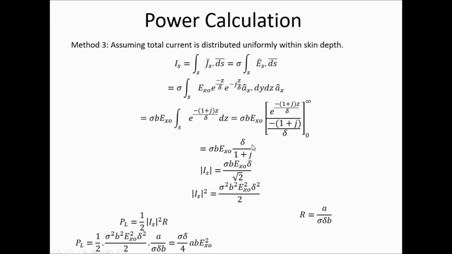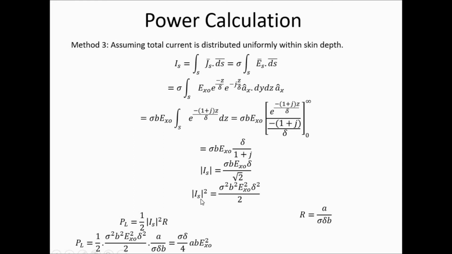Now we find the magnitude of this. This is in rectangular form, so in polar form the magnitude is the square root of 1 squared plus 1 squared, which is root 2. The angle is negative 45 degrees, but we don't consider the angle, we just take the magnitude of the current.